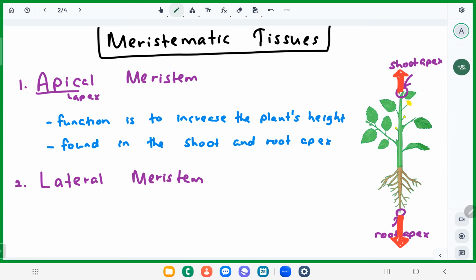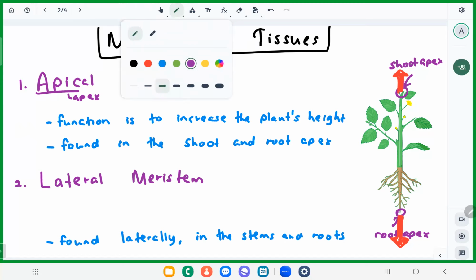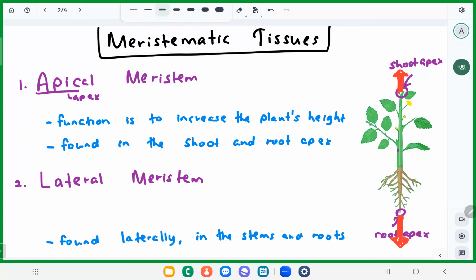Now when we come to the lateral meristem, this is found laterally in the stems and roots. So basically, on the sides of the stem and the root, you will find this lateral meristem.